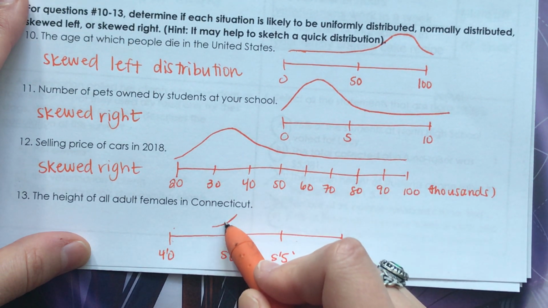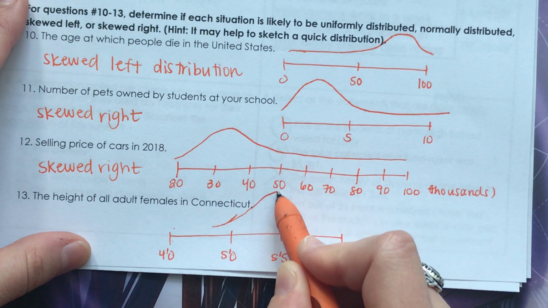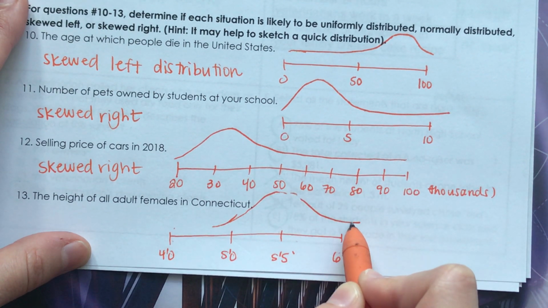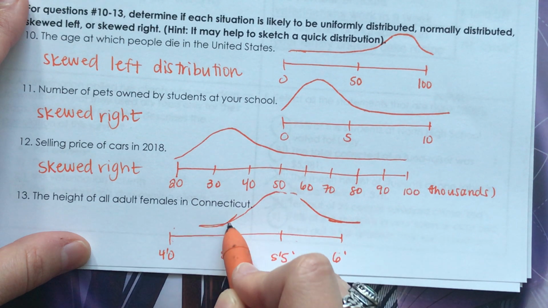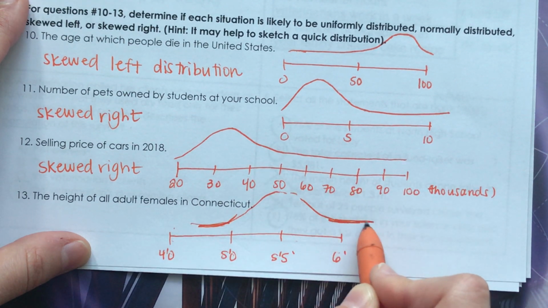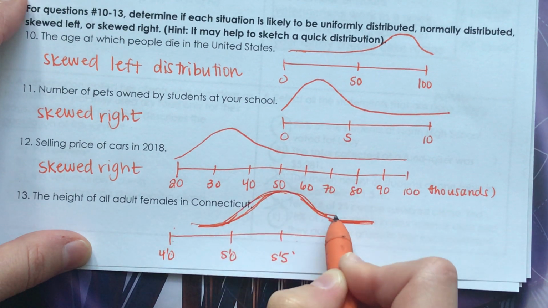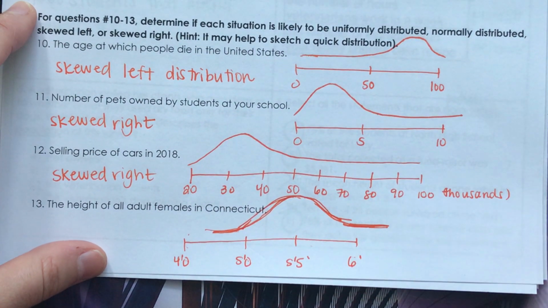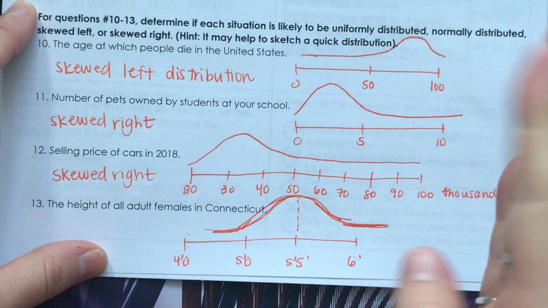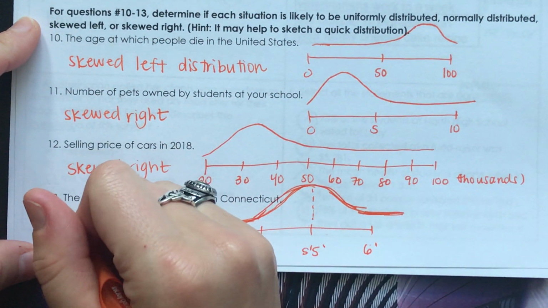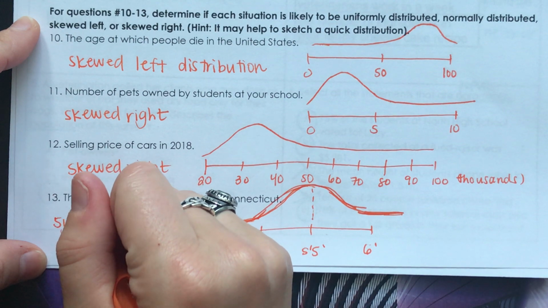It grows, you get up to most people around 5'5", 5'6", and then you also don't have that many people who are really tall. So you don't have a lot of really short people. You don't have a lot of really tall people. Most people are considered right in this middle range. Because they're right in the middle, this looks very much like a mirror. So this would be a normal or a symmetric distribution.